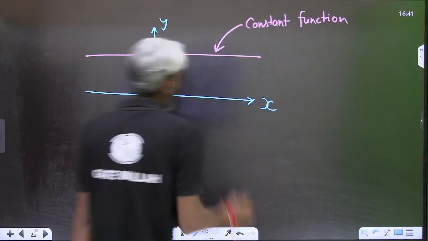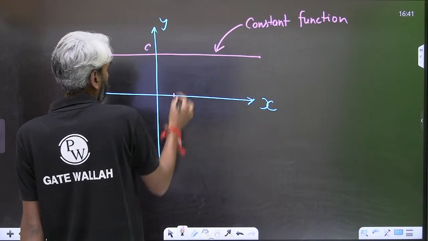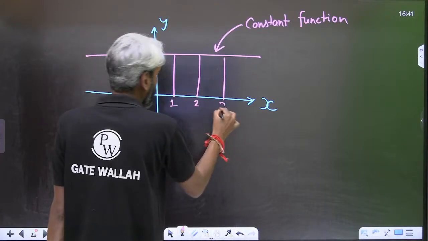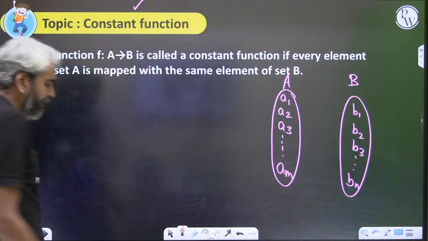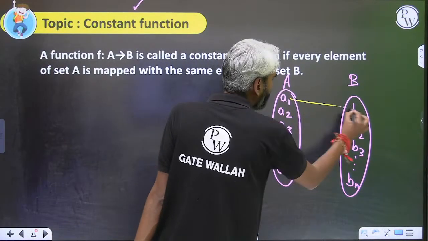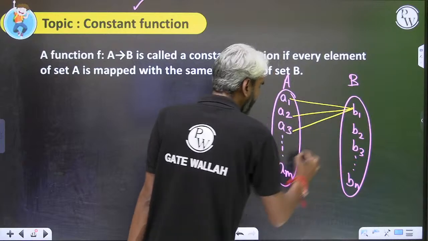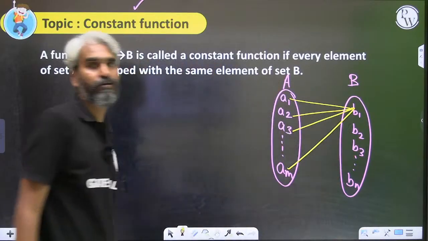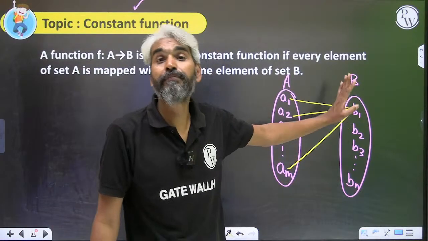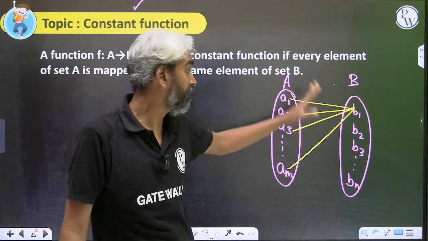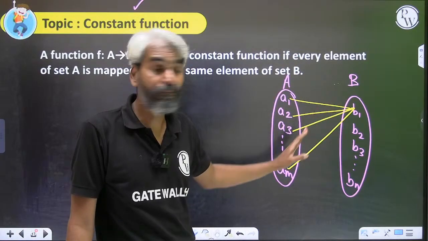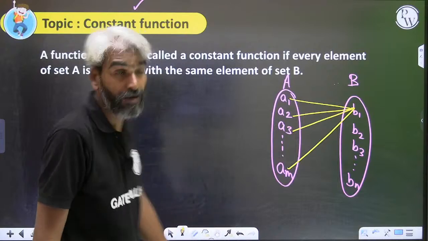Whatever the value, f of 1 should be c, f of 2 should be c, f of 3 should be c, etc. So what do we mean by a constant function? If all the elements of the domain are mapped with the same element of the codomain, it may be B1 or B2, then it will be called a constant function.